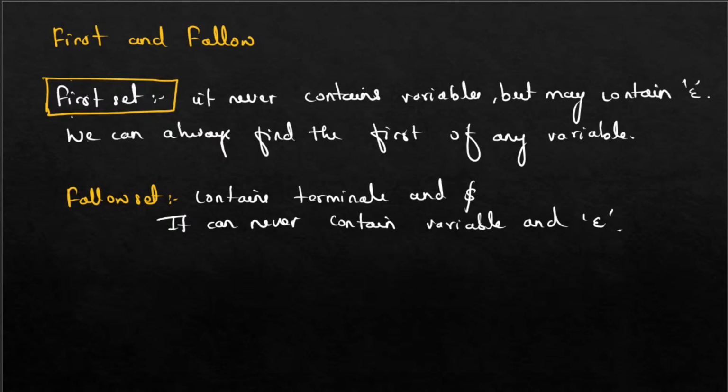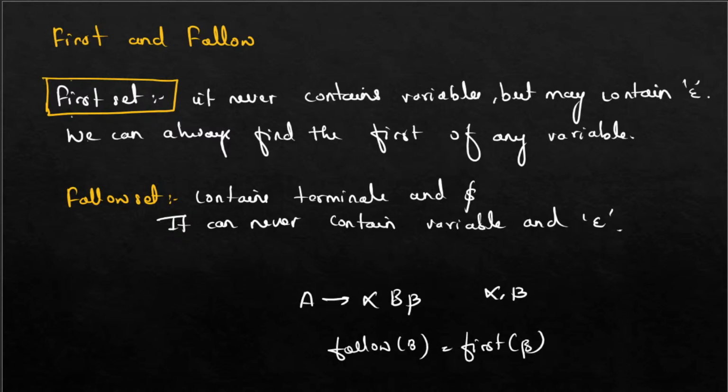First you have to include dollar in follow of the start variable, and if the production is of type, let's say A deriving alpha B beta, where alpha and beta are strings of grammar symbols, then for follow of B, it is first of beta. If you have to find follow of B, it is first of beta. Like this you have to do.